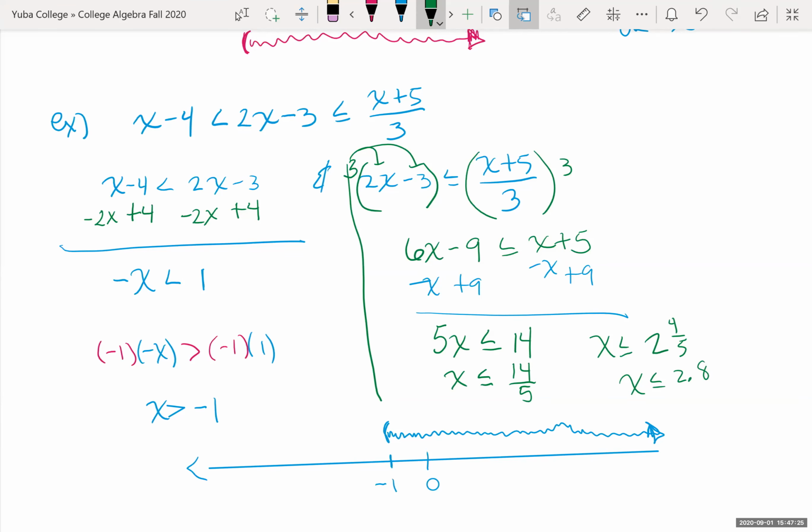Okay, so locate 2.8 on the number line. This is a bracket. And it's everything to the left.